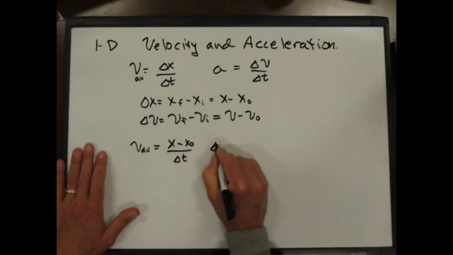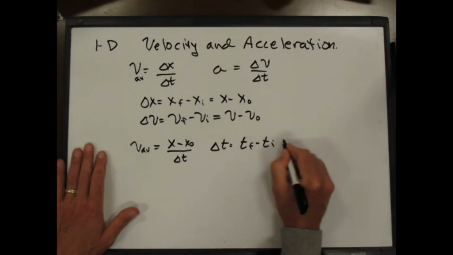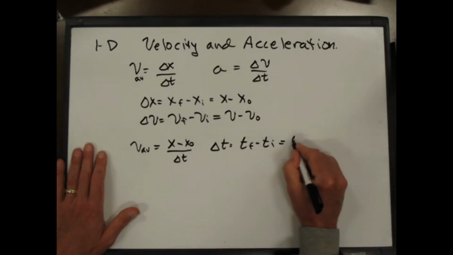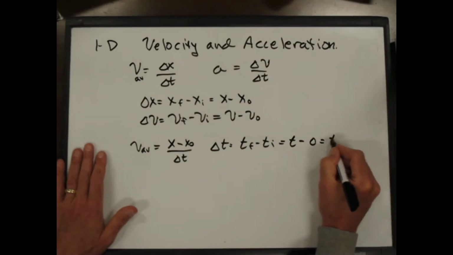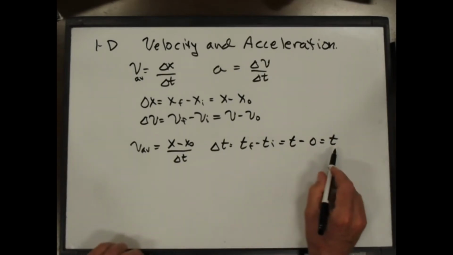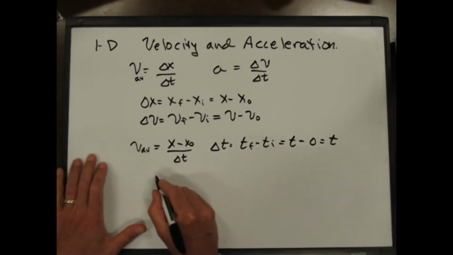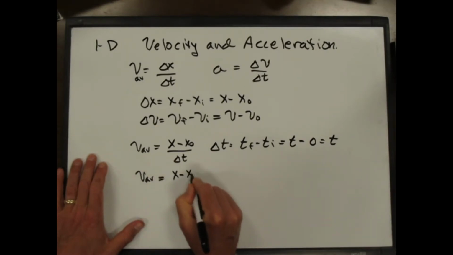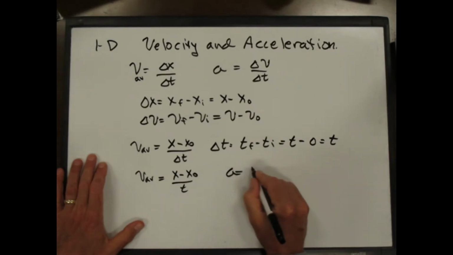But we're going to let delta t, which is t final minus t initial, be just t minus 0, or just t. We're going to say our stopwatch is always going to start at t equals 0, or almost always. And so this becomes v average is equal to x minus x naught over t, and similarly the acceleration is v minus v naught over t.